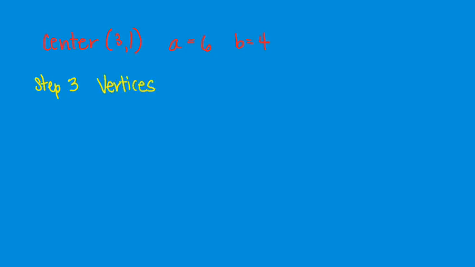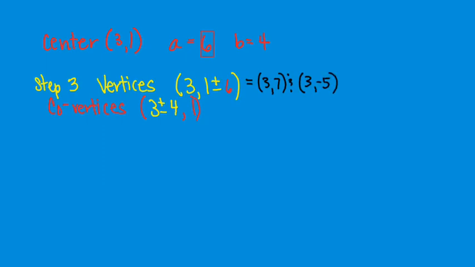And now we're just rewriting the values that we solved for. And now we're finding our vertices. We're going to be adding the a value to our k, and adding the b value to our h.